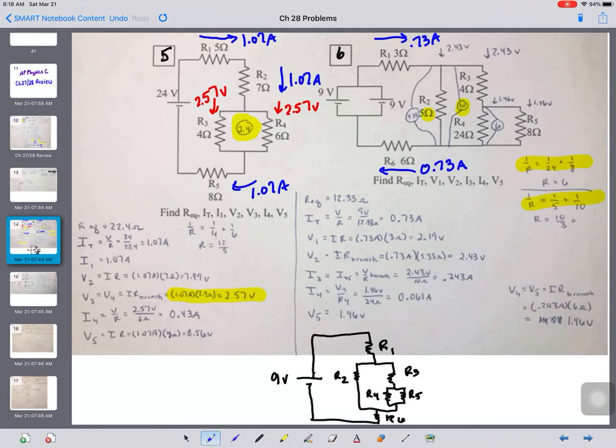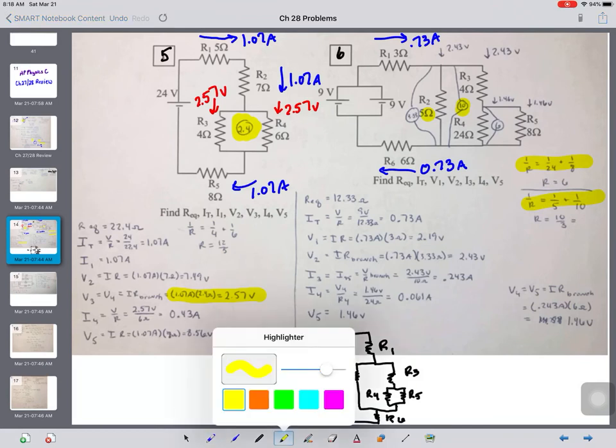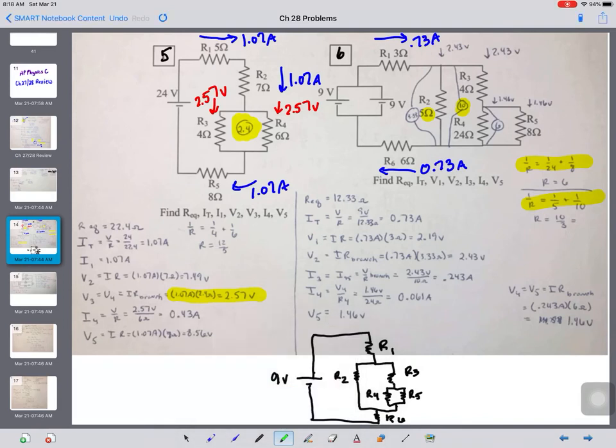That current then splits up across the whole rest of the parallel. But we can still use the equivalent resistance of the whole parallel, 3.33, and that current 0.73 amps to calculate the volts across the parallel.